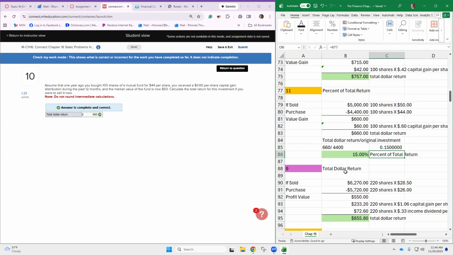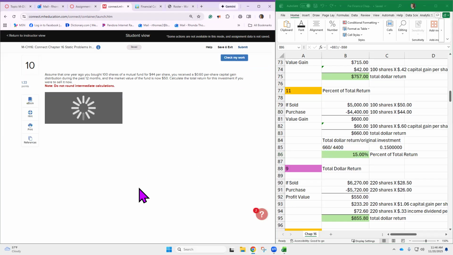So 15% is your total percent of total return. This was dollars. If they ask for a percent of total return, you know how to do it. You always divide by the amount of money you invested.